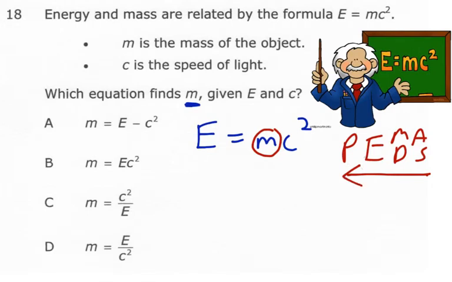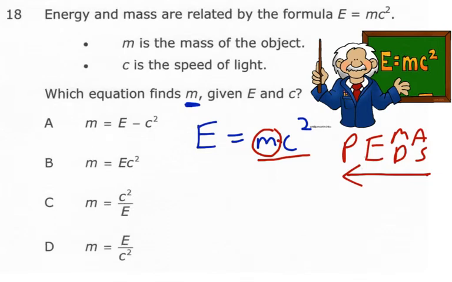So I'm looking at the M. The only thing we're doing to the M is multiplying it by c squared. And how do I know we're multiplying it? Whenever you have a number and a letter, or a letter and a letter written next to each other with nothing, that means multiplication. Remember, we mathematicians get lazy, so we don't write the multiply sign. We just write them next to each other.